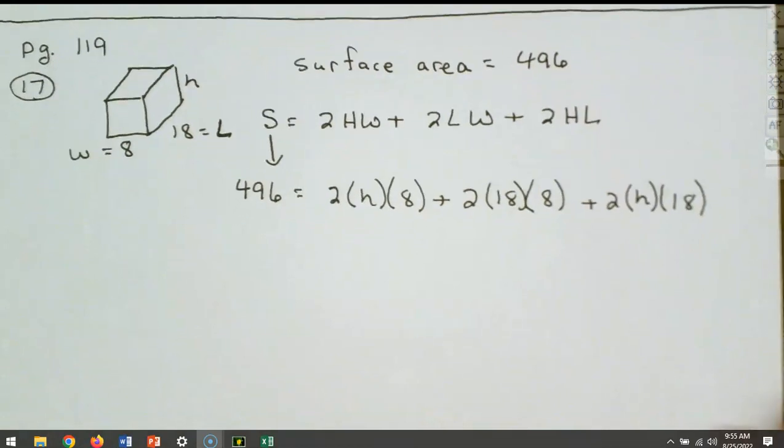So is everyone okay with how I did that? And this is just plugging the numbers into the formula. So S represents surface area. We know that's the 496.